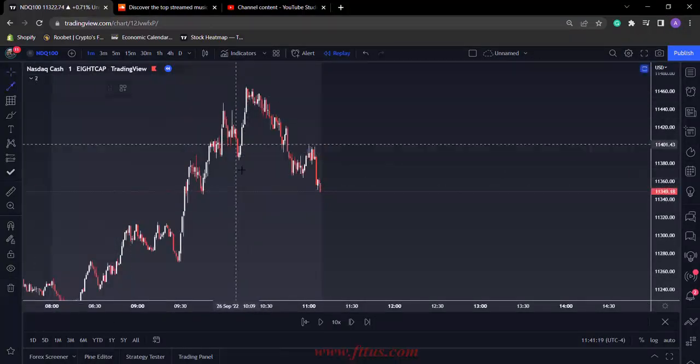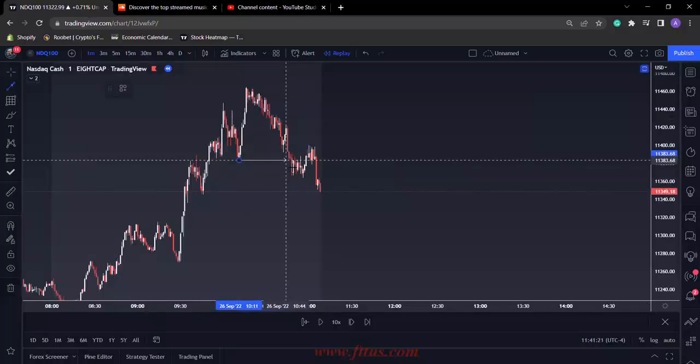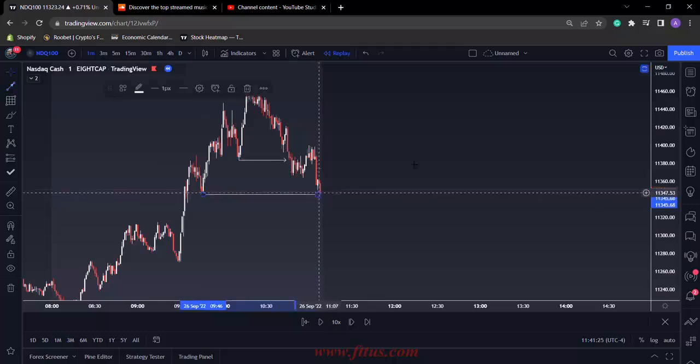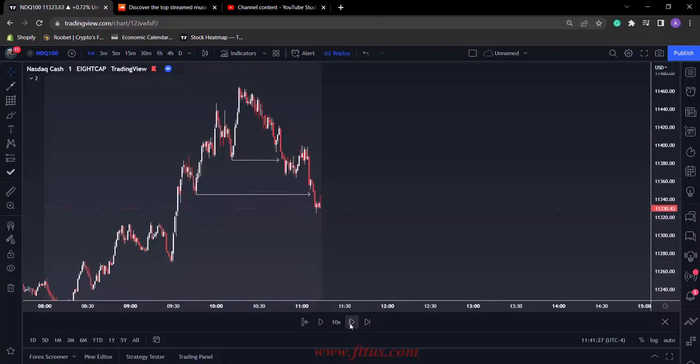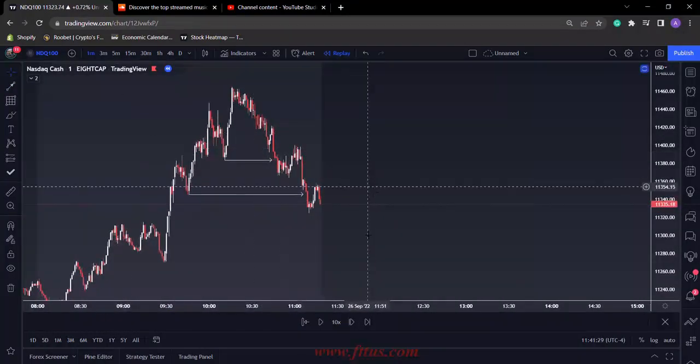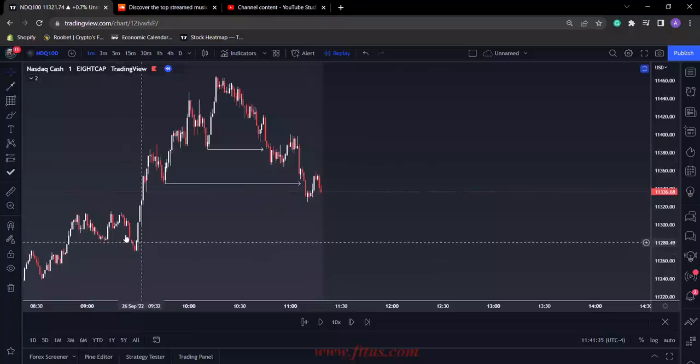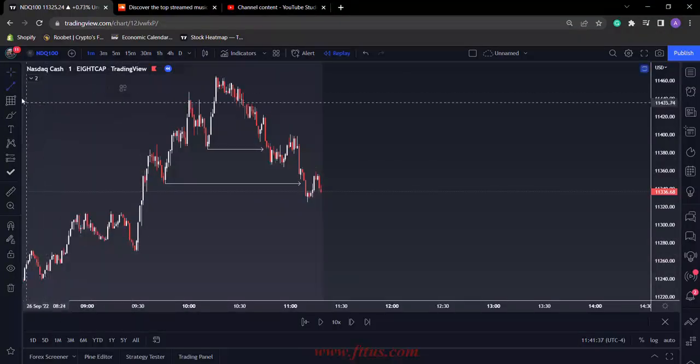So right off the bat, we were on an uptrend and we started breaking all these lows. So immediately that showed me that we needed to retest this area to then continue down a little bit further, because there was imbalance in here.